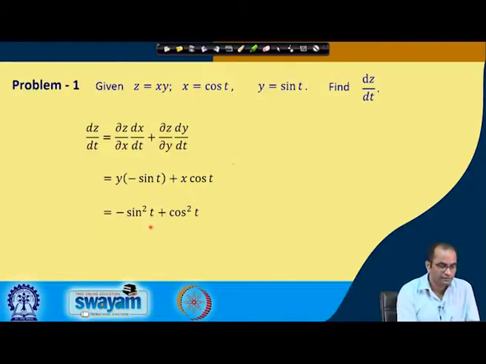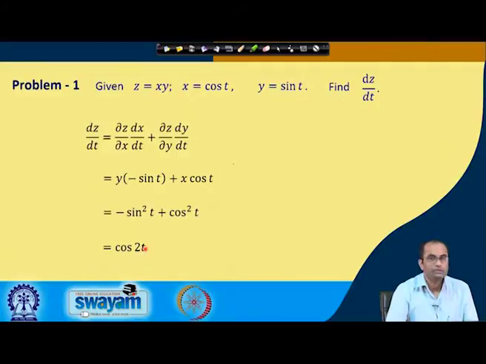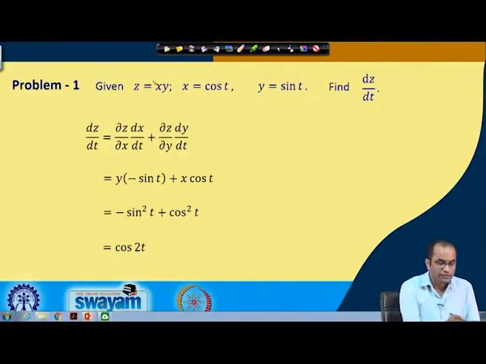So, this is the derivative of z with respect to t without substituting into this function and then getting the derivative. So, this we can again simplify to have this cos 2t. As I said, alternatively we can just substitute here z is equal to xy, x is cos t, and y is sin t.